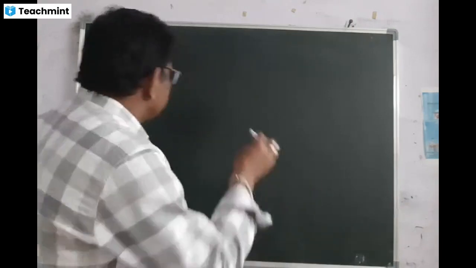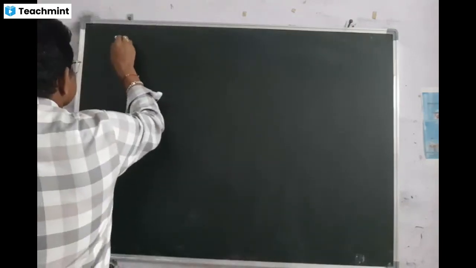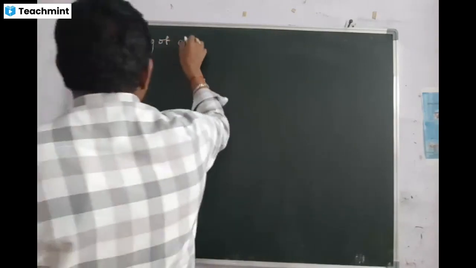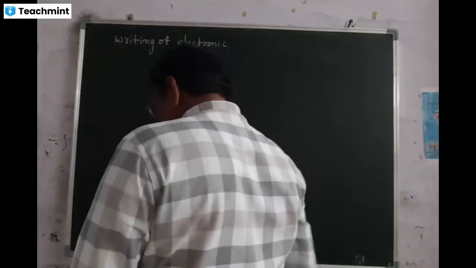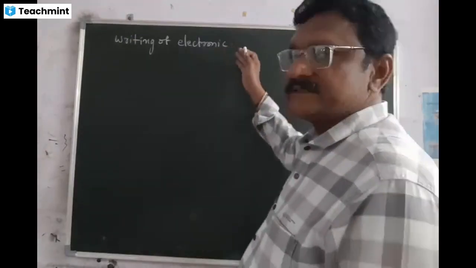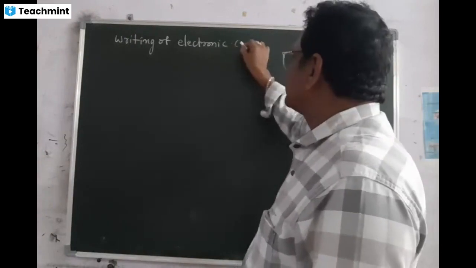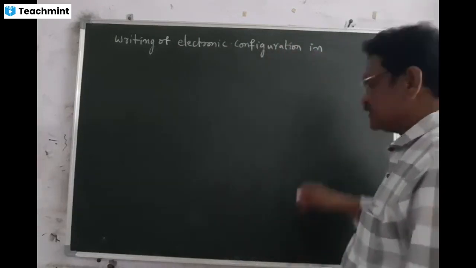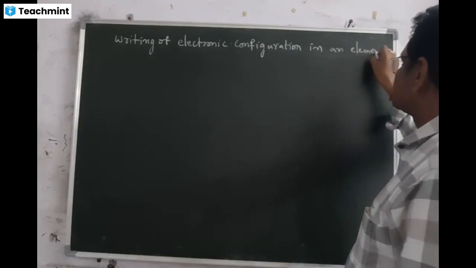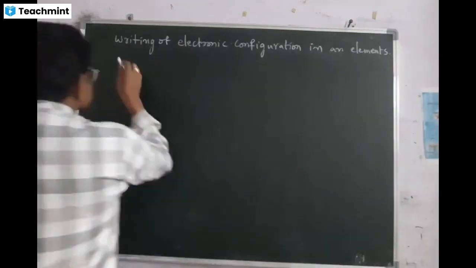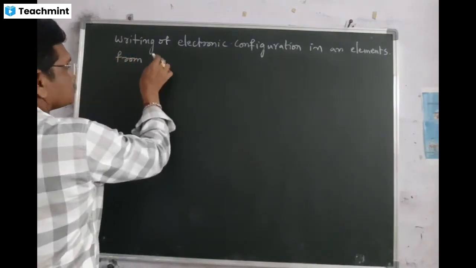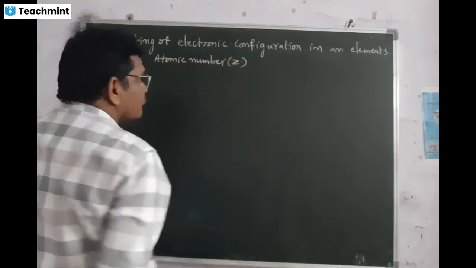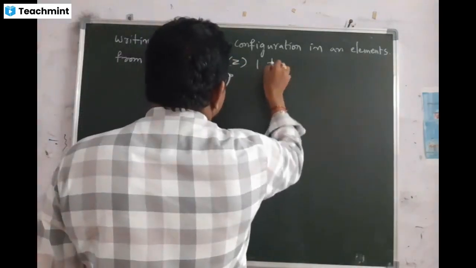So, what is our heading? Our heading is writing of electronic configuration in our elements from atomic number Z, from atomic number 1 to 30.